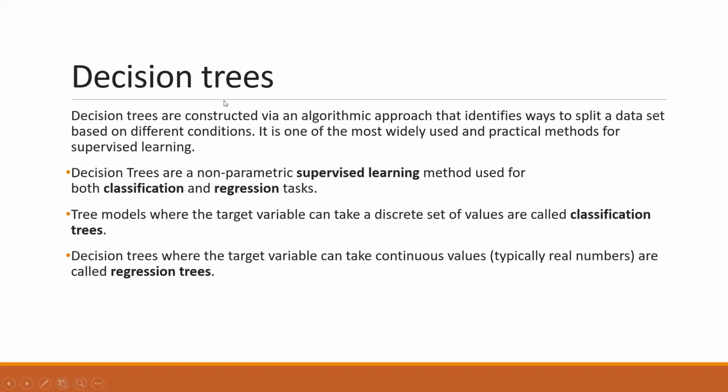Like a classification problem which has 0 or 1, or a problem in which we are classifying a spam mail, that is yes or no. Here we have only discrete values, it can be yes or it can be no. These types of problems are known as classification problems, and when we represent these problems in the form of a tree, these trees are known as classification trees.